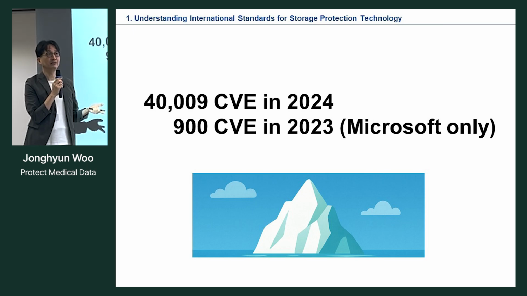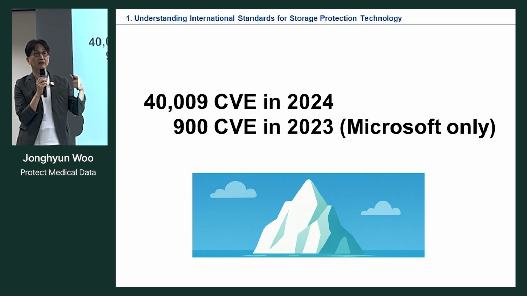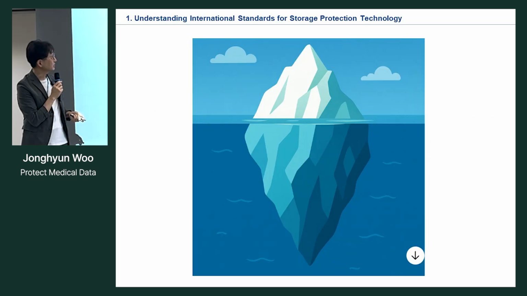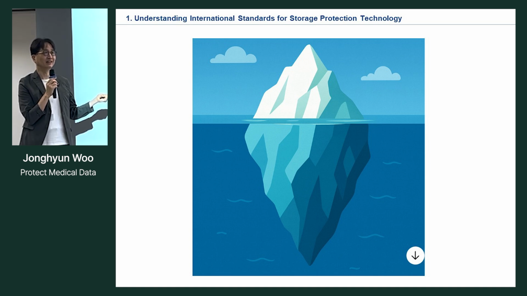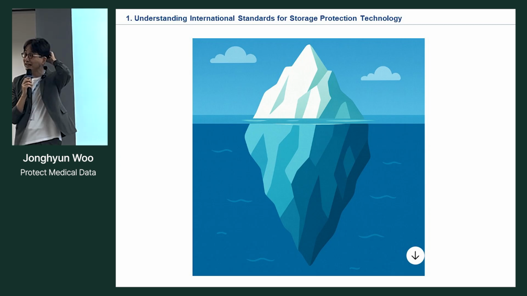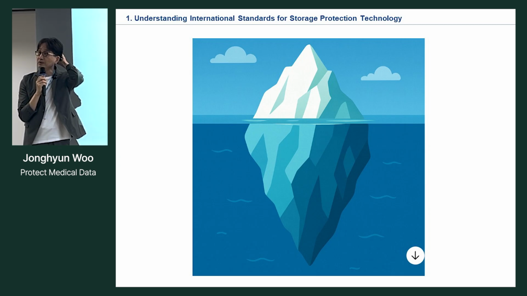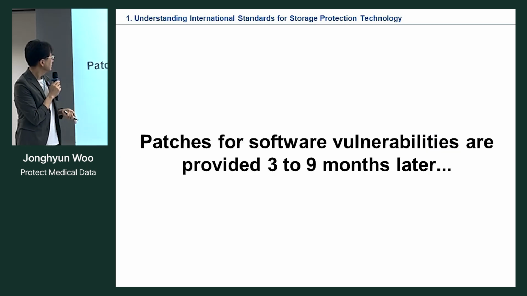Because of that, there are so many software vulnerabilities running in all systems in our society. The worst case is there are so many software vulnerabilities not reported yet. The reported vulnerabilities are just a small portion. So attackers still exploit the unfounded, uncounted, unreported software vulnerabilities when they attack our system. Yeah, that's the fact.